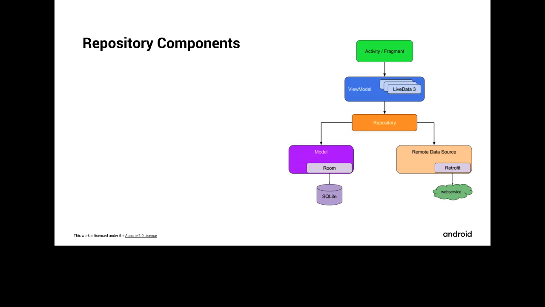And that's why you want to have a repository layer. The repository layer manages a lot of that stuff for you, right? So you have the information that's in the database, but that could be a little bit stale. The information on the web service is the most recent and up to date, but that one is prone to failure.